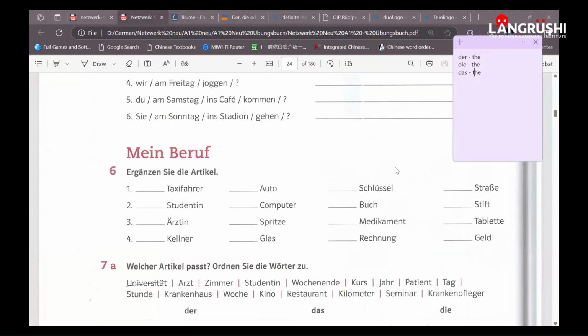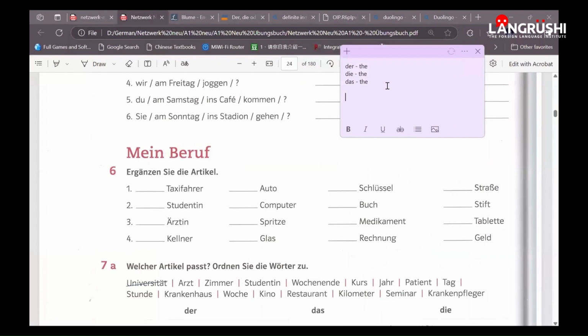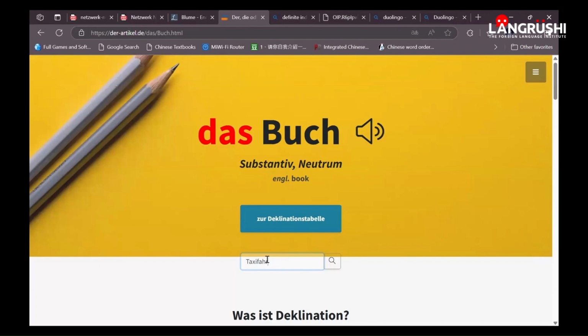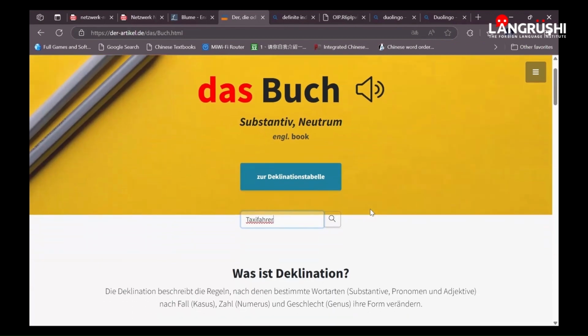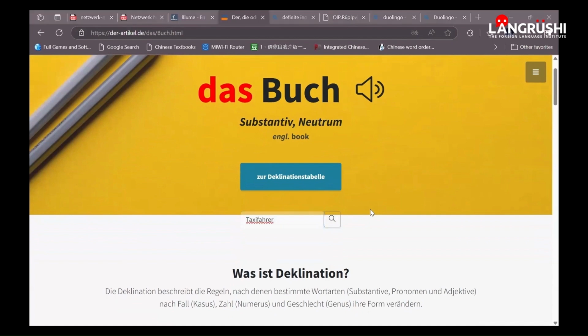The others can also try to find it out. We are on Übungsbuch, Seite Nummer 74, 6. The first word here is Taxifahrer. Now type this word here. You will write it this way, Taxifahrer. And now, Stella, can you tell us what is the gender that you have found?